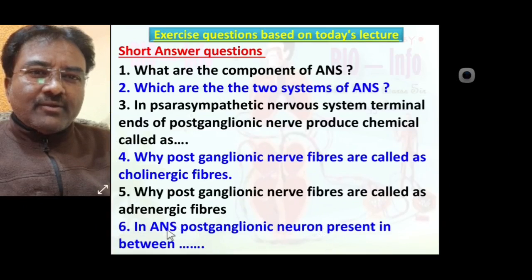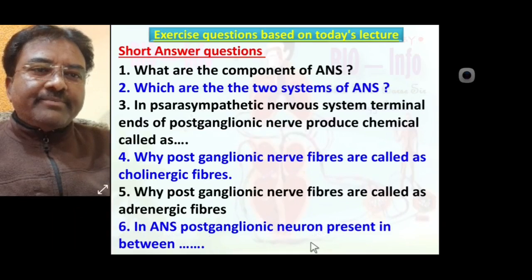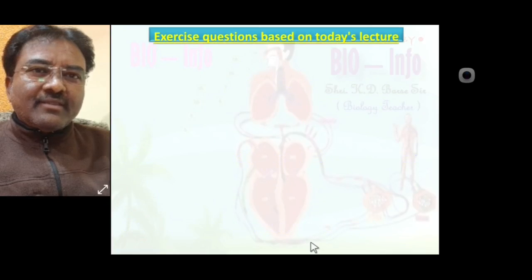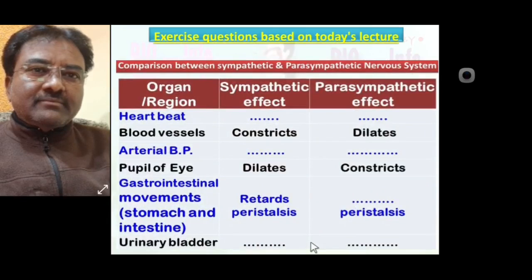In autonomic nervous system, post-ganglionic neuron is present in between autonomic ganglion and effector organs. Fill in the blanks.